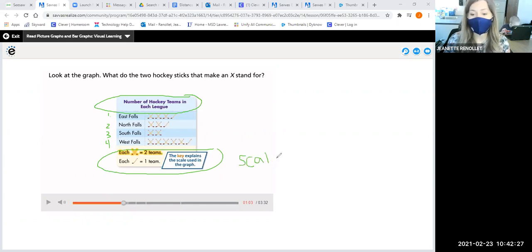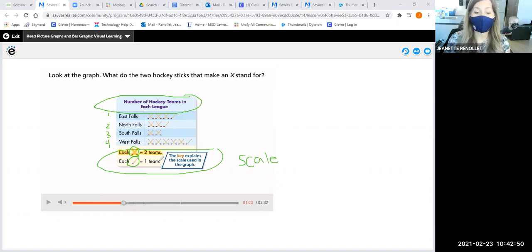The key helps me understand the scale. This one says each little X of hockey sticks is equal to 2 teams. If the graph shows only 1 hockey stick, it's equal to 1 team.